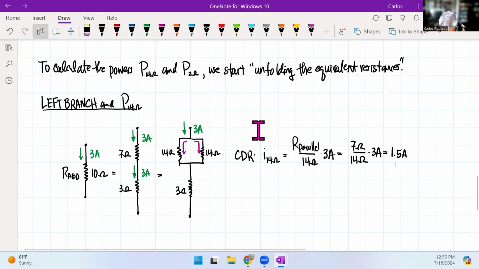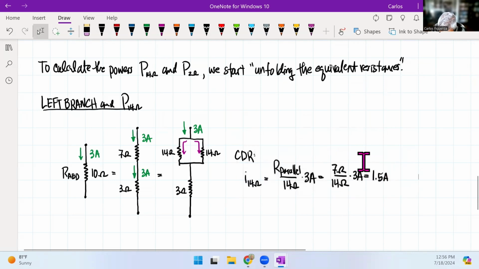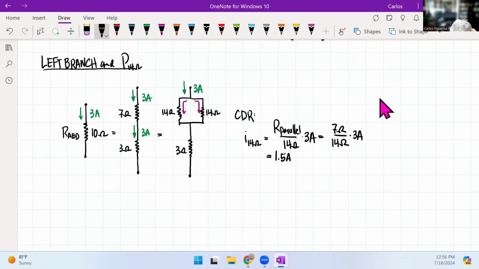So now that I have this current, I could now go in and actually calculate the power. The power of the 14 ohm is the current of the 14 ohm squared times the resistance of the 14 ohm. So this will then be 1.5 amps squared times 14 ohms.